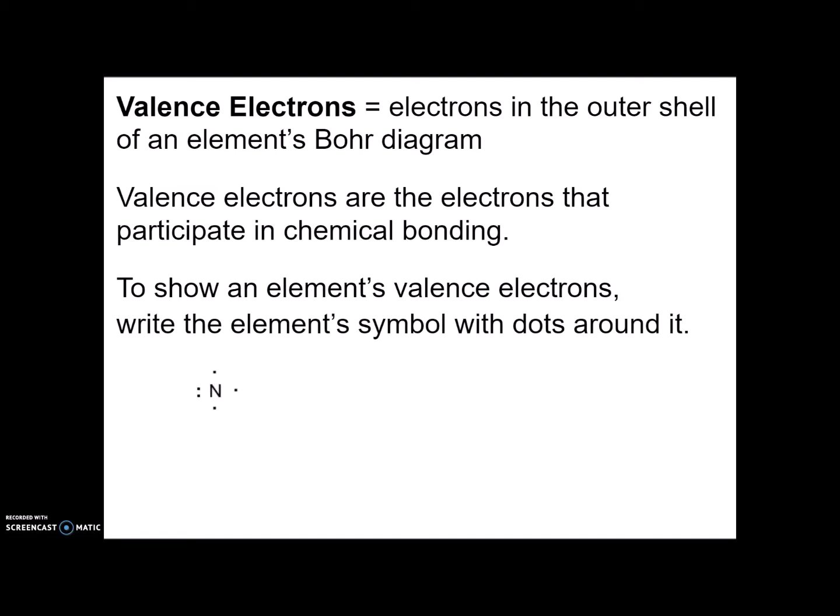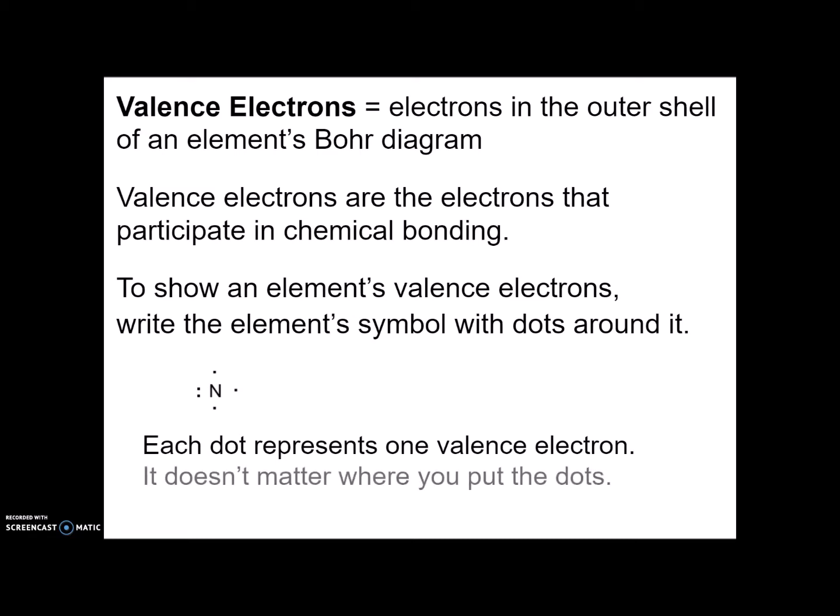So for example, nitrogen has 5 valence electrons, 5 dots in the outer ring of its Bohr diagram. To make a dot diagram, we simply put the letter N, nitrogen's chemical symbol, with 5 dots around it. Each of those dots represents 1 valence electron.